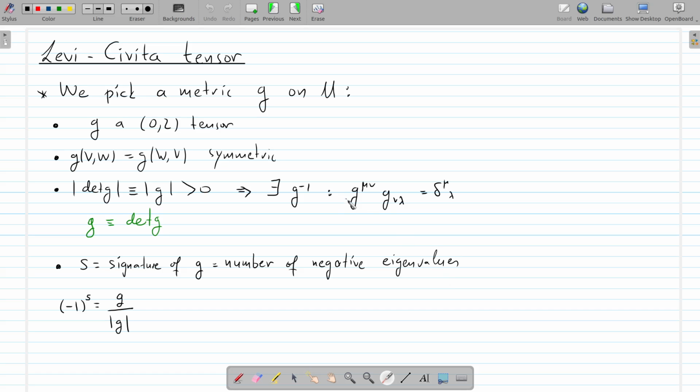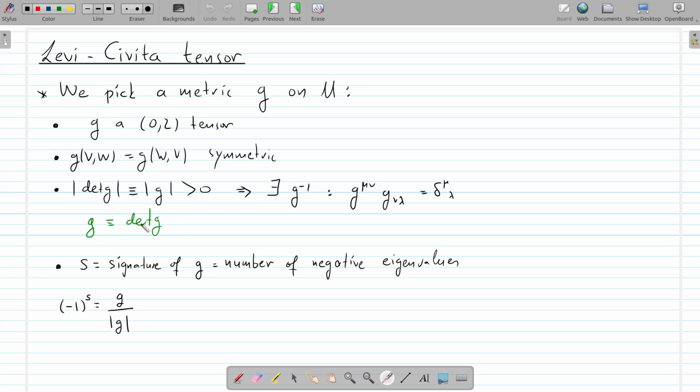So a metric is simply a 0-2 tensor for our purposes, which is symmetric and non-degenerate. That means that its determinant is nowhere 0, and it can be inverted.